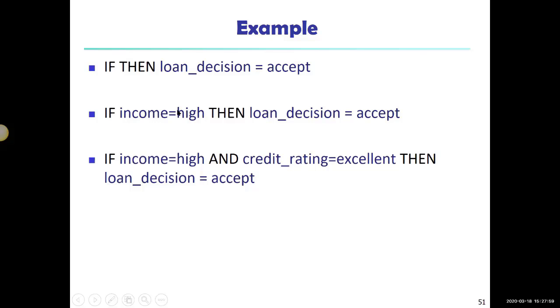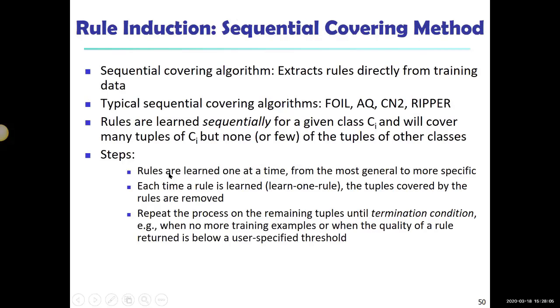Then we keep on adding conditions to it to grow the rule. So rules are learned one at a time, from the most general to becoming more specific. Each time a rule is learned, we call this algorithm learn one rule. We're going to talk about learn one rule later.